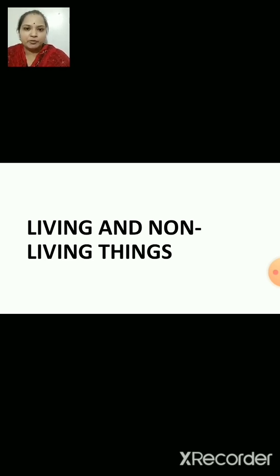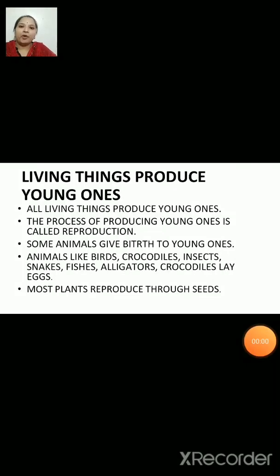Like human beings produce human babies, dogs produce puppies, the cat produces kittens. Goats produce kids. The process by which living things produce young ones of their own kind is called reproduction. I repeat, the process by which living things produce young ones is called reproduction.